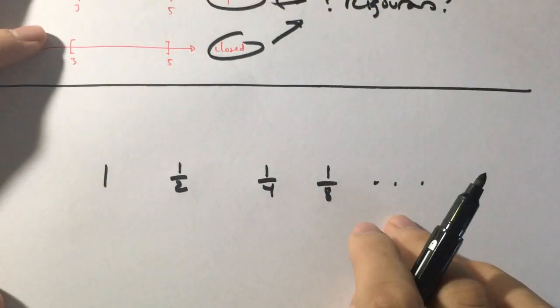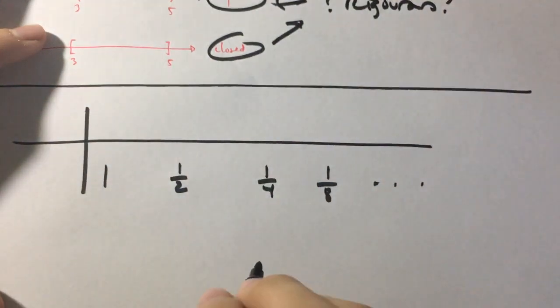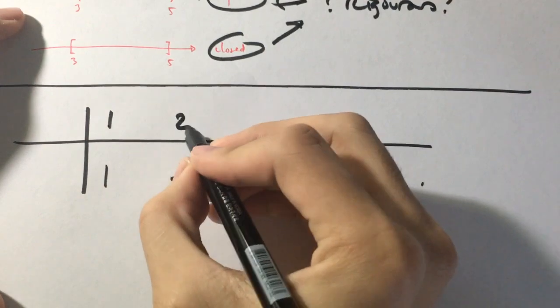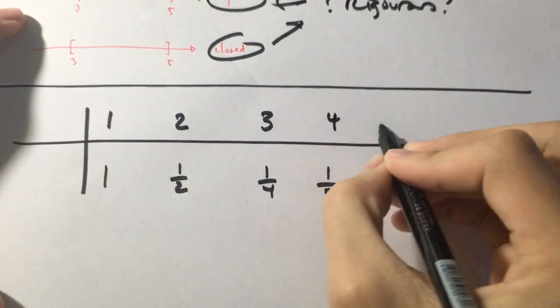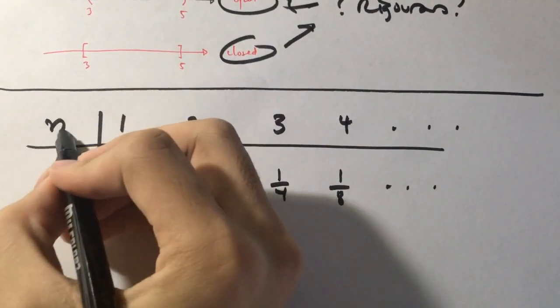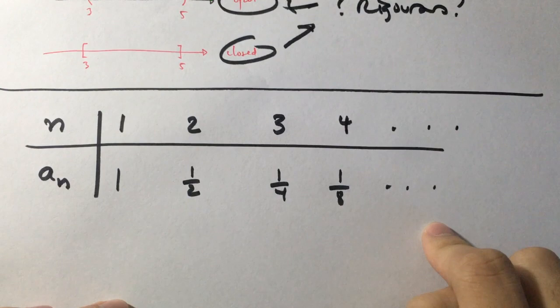Well, you can look at a sequence more as a mapping. For example, I can label all of these numbers. I can say this is the first number, second number, third number, fourth number, and so on. So a sequence is basically a mapping going from a natural number to any real number.